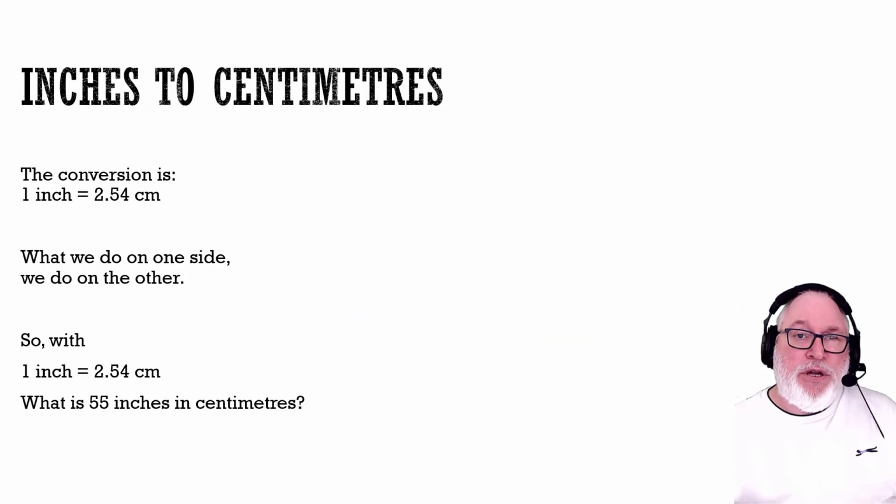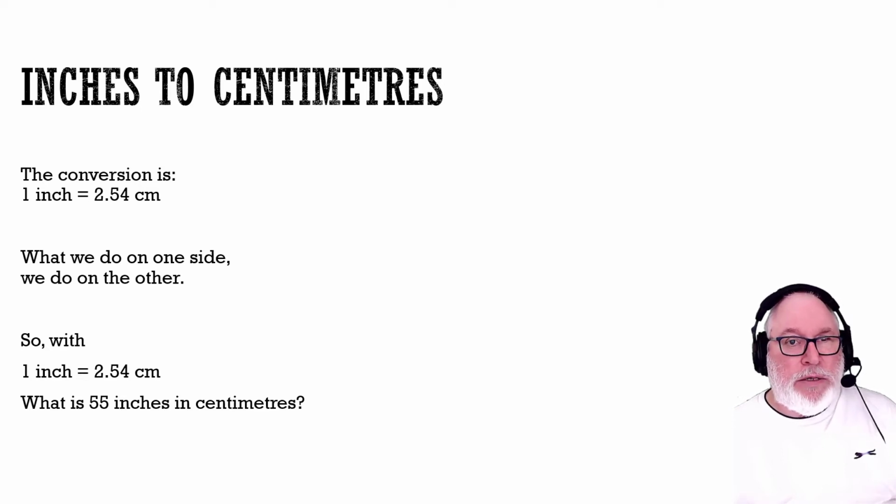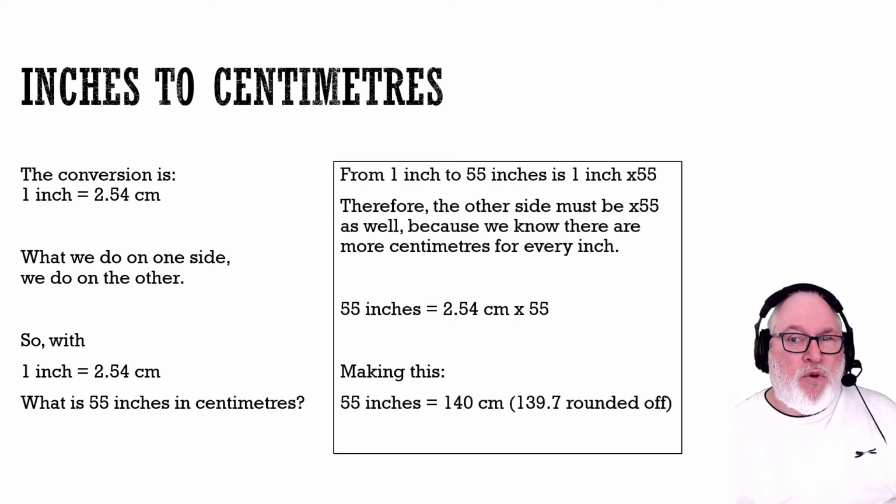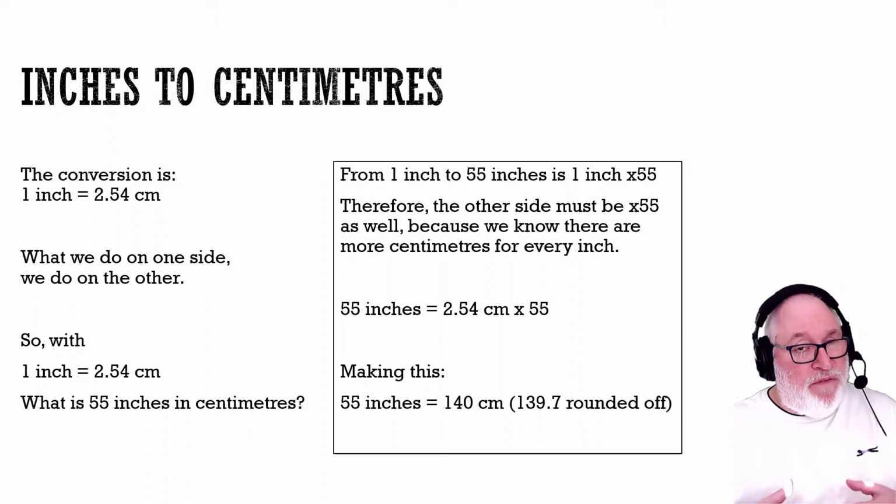Let's have a look at inches to centimetres again. So 1 inch, 2.54. What is 55 inches in centimetres? No, don't tell me you've done that already. If you have, you've got some mind there, thinking way ahead. Well, let's have a look at that. From 1 inch to 55 inches, you're multiplying by 55.